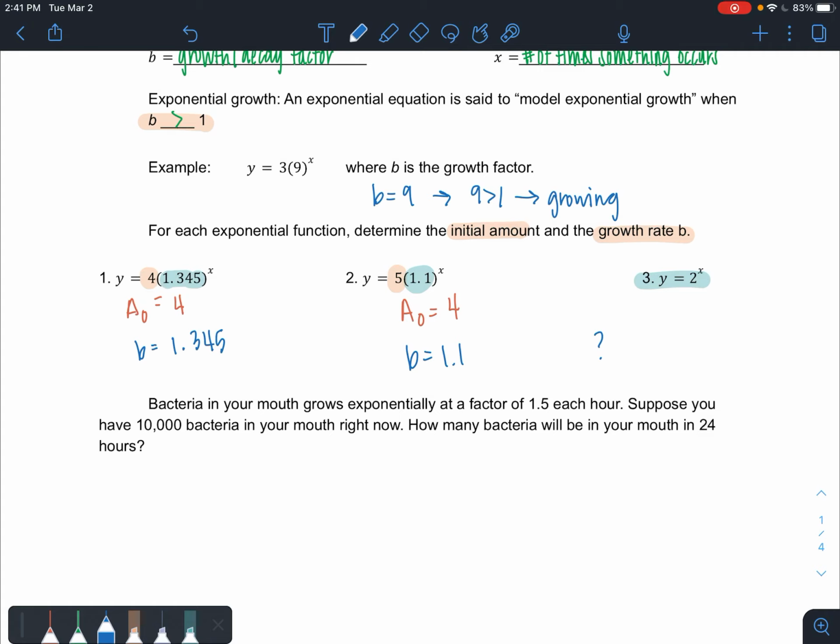All right, this next one here, we've got bacteria in your mouth grows exponentially by a factor of 1.5 each hour. Suppose you have 10,000 bacteria in your mouth right now. How many bacteria will be in your mouth in 24 hours?